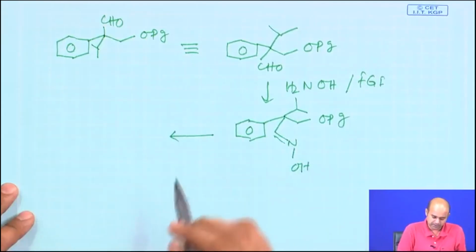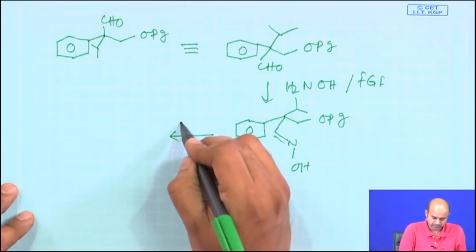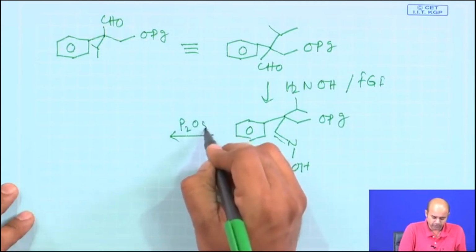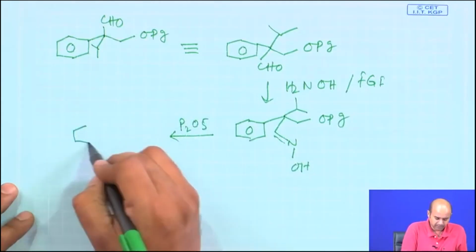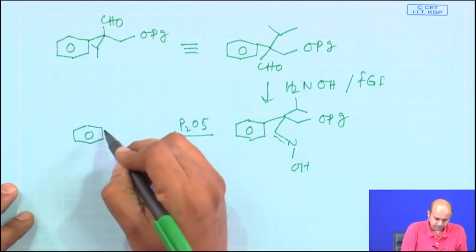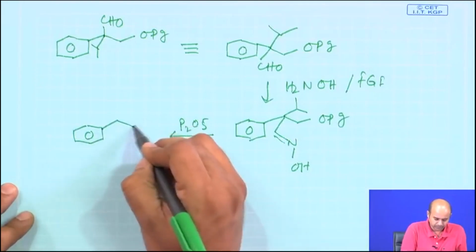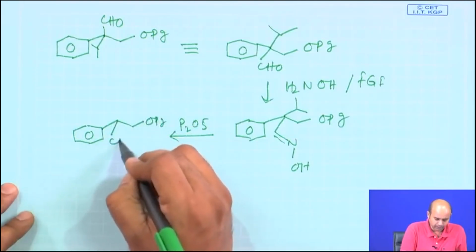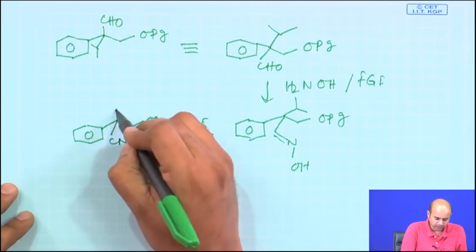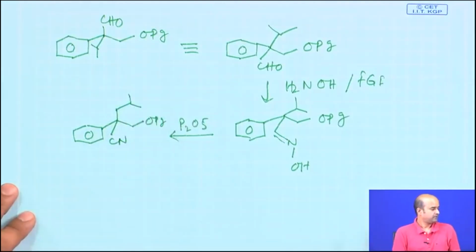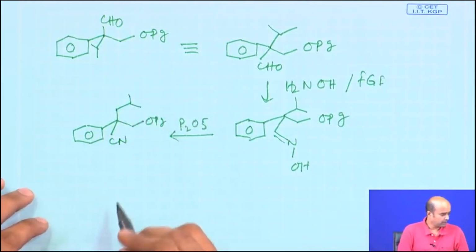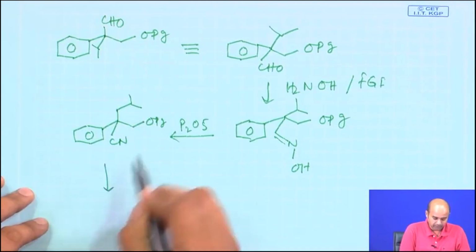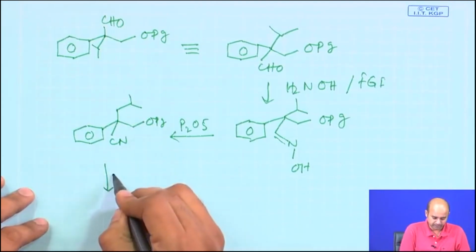Put a dehydrating agent, maybe P2O5, phosphorus pentoxide, and you will get this OPG, cyano here and your isopropyl. So, now we are almost close, only thing is you need to remove the PG.